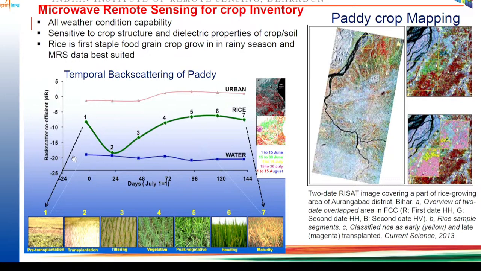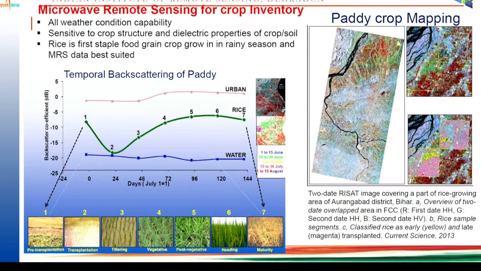The backscatter signal is such that during planting there is a peculiar backscatter. Then with vegetation growth, there will be volume scattering. Because of this distinction between the transplanting time and the vegetation growth stage, there is a distinct backscatter signature which helps rice crop to be easily discriminated from other crops.